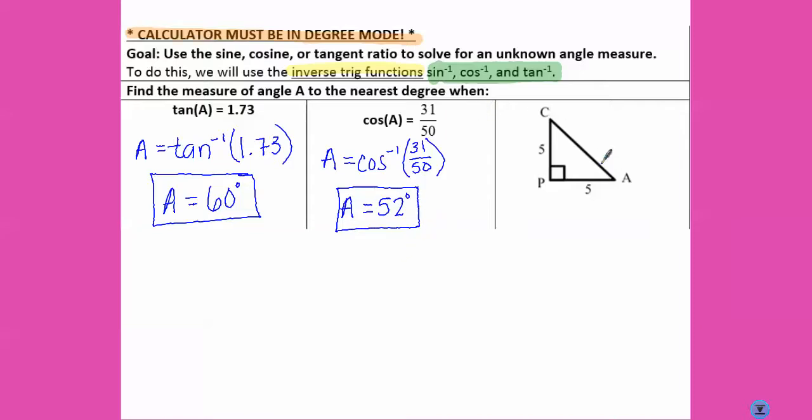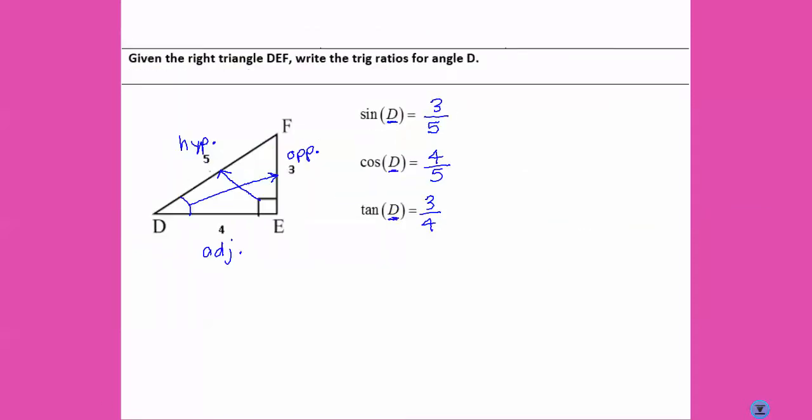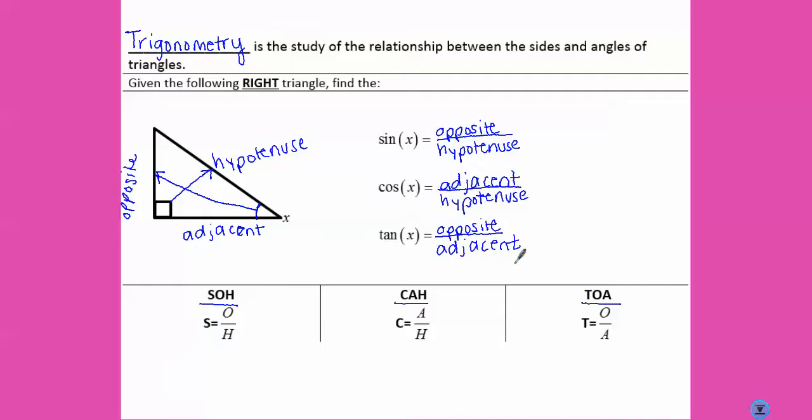Again, we're looking for the measure of angle A. So we're going to label the pieces of our triangle, go straight across. That's our opposite side. Across from the right angle is the hypotenuse, which leaves this to be the adjacent side. Since we're given the opposite and given the adjacent, that means we want to use tangent, because if we look back, our tangent ratio was the one that used opposite and adjacent.